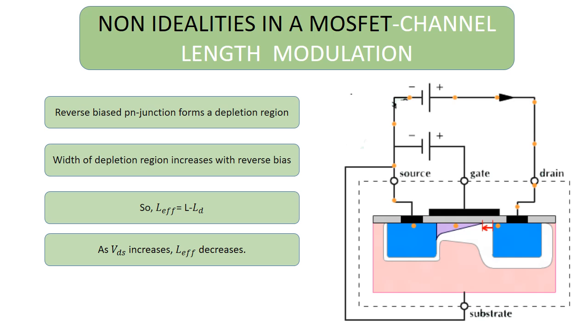Every junction has an associated depletion region. The width of the depletion region increases with reverse bias. When you have a look at the figure, you can find out that the channel length L is reduced due to an increase in the depletion width.